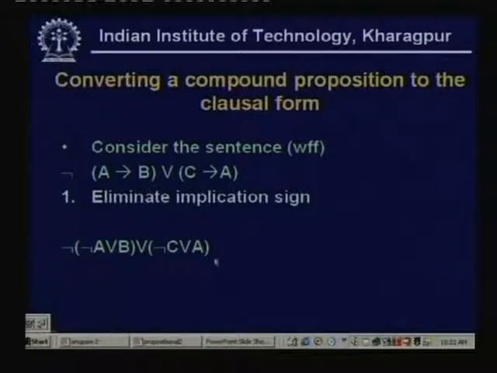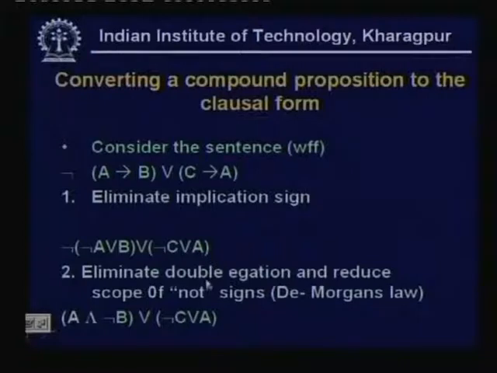Now, we have this, but still it is not a clausal form. How can we make it a clausal form? We will have to eliminate the double negation and reduce the scope of the not signs using De Morgan's law. So, I had not of not A or B. I will remove the double negation.